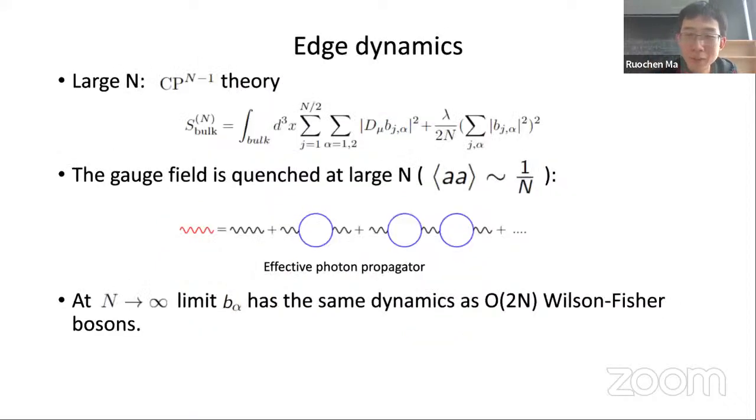But the rough idea is that I don't have any good idea on this problem. So you need to carry out the 1 over n calculation and to see how it can influence.